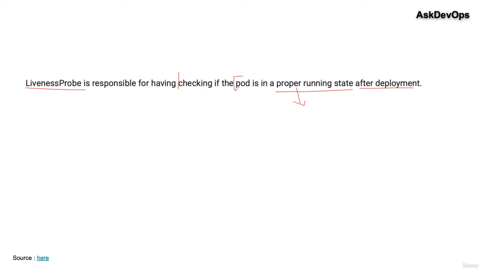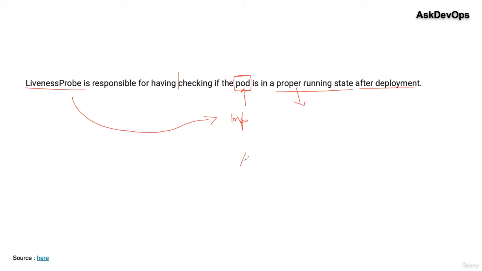What is it checking? It is checking the pod. It is not checking the application. Kindly remember this. It is not checking any certain application endpoints. No, it is checking the status of the pod. This is very important. Liveness probe is responsible for checking the status of your pod, if the pod is in a running state, if the pod is successfully spun up or not after the deployment.